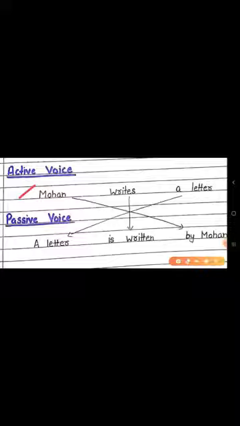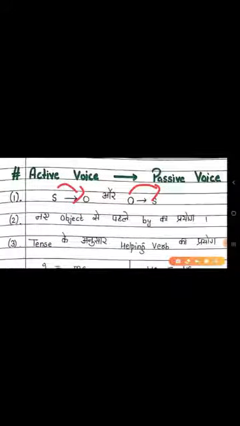So students, you just remember what we use in passive voice. Here are some rules in active to passive that I explained to you earlier. When we convert active to passive, the subject is converted into the object and the object is converted into the subject.